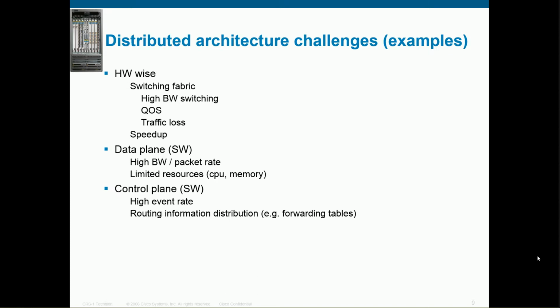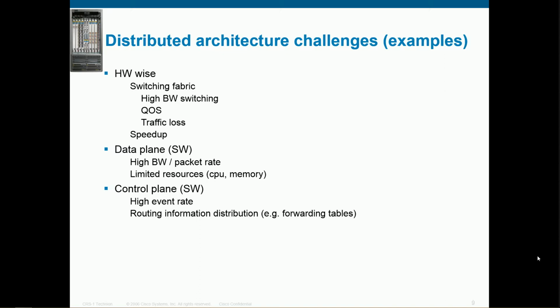Hardware-wise, the switch fabric is actually faster. We're talking milliseconds delays between the units. You allow for higher bandwidth switching, better QoS, better traffic control, better decision making. All of this goes with a more limited amount of resources, but more efficiency.